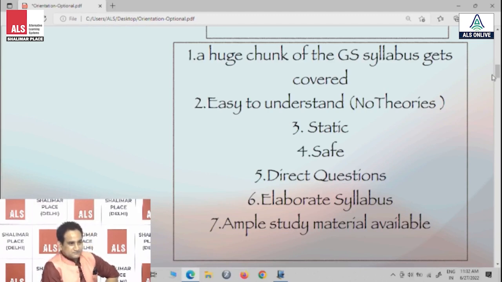Is it done? Then, the next advantage of history optional is, unlike some other optionals where you have limited study material, in history you will be spoiled by the study material. Everywhere you have good books and good material available. So you have ample study material for history optional.